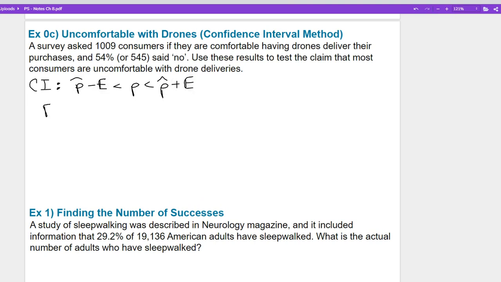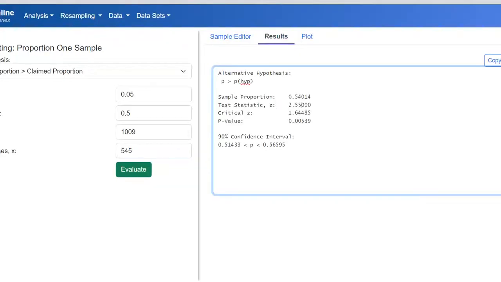And we had to find this e using this formula: z alpha over 2 times the square root of pq over n. And that was fine. We already did that in this chapter, and we could go through and do that again by hand. But StatDisk is kind of cool because it gives you the confidence interval.